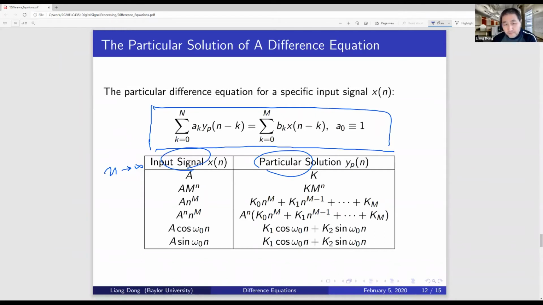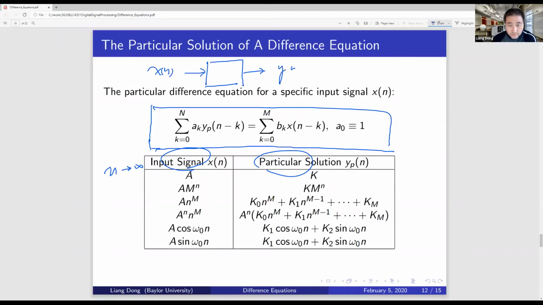Why is that? Well, you can think that the system itself is a transition. It has its transition due to the system, all the coefficients of a's and the feedbacks of y. But after a long while, the system output should be excited or should be the same, similar as my input signal.